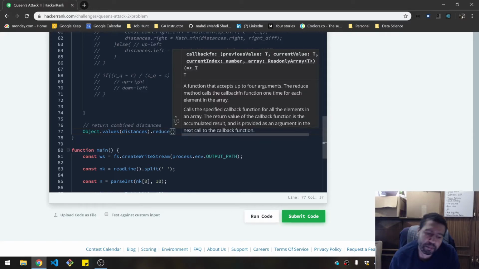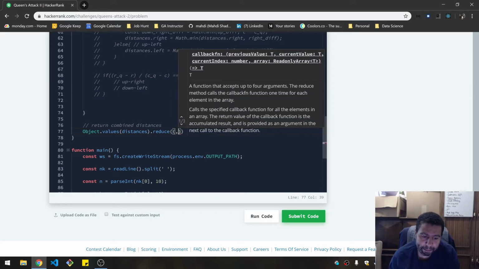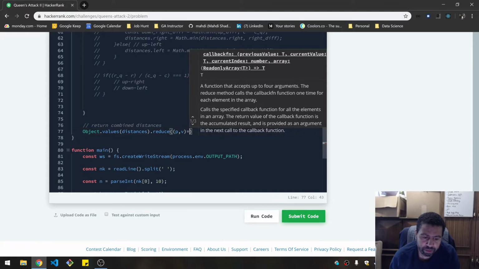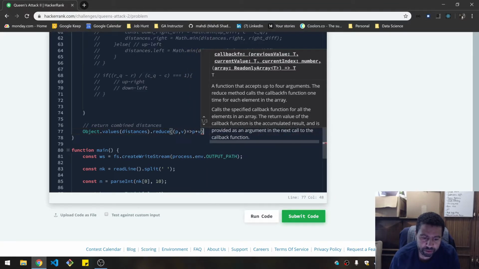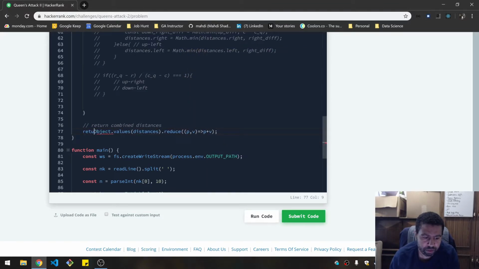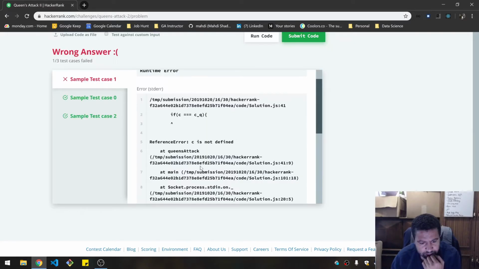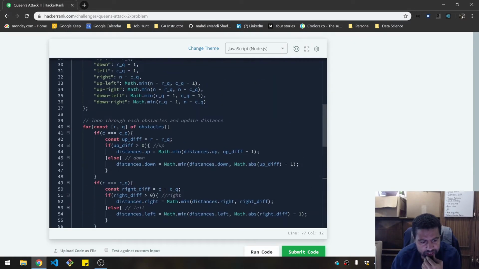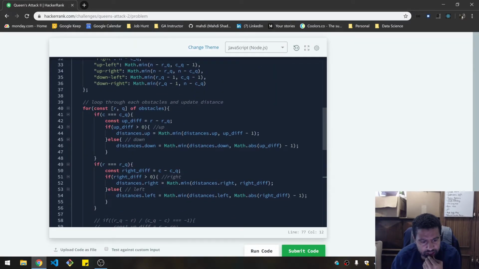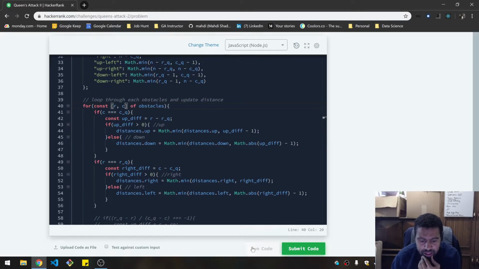Okay. C is not defined. I don't know why I put Q here. This is meant to be C, column. Okay, fair enough.